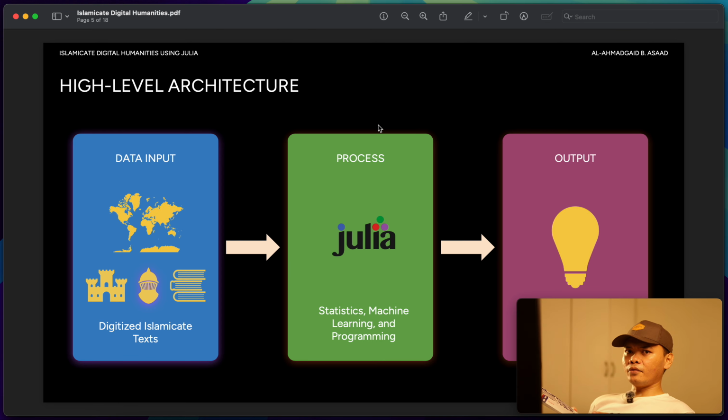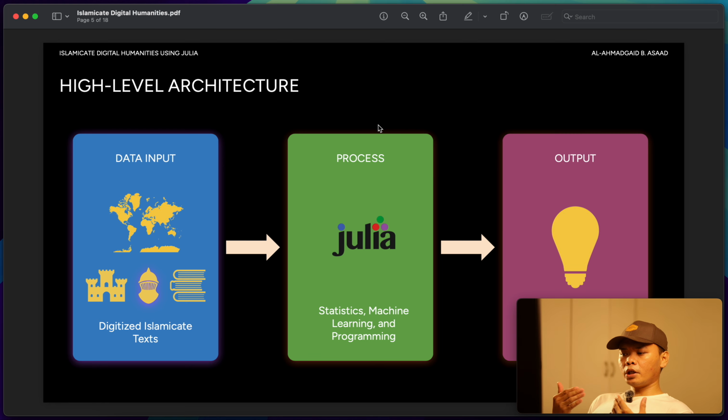But since we are doing digital humanities, that would mean we are processing this using computers. So our data input in this case is not a physical text, but a digitized Islamic text, right? A digitized version of this, for example. And then, instead of processing the text manually by going through it and reading it, which would consume so much time, we're going to use a programming language.